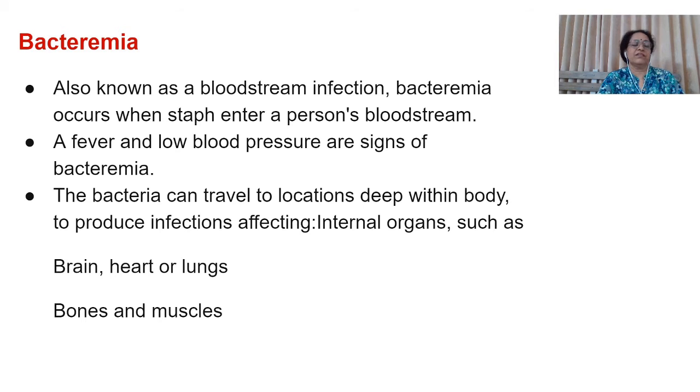It reaches that particular organ and produces infections. A number of internal organs may be affected, including brain, heart, lungs, bones as well as muscles. So these are complications after bacteremia by staphylococci.